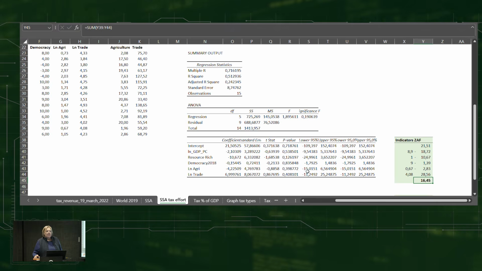So given Sub-Saharan Africa, the countries that we have chosen, given the coefficient or their buoyancy in total to these variables, and you apply for South Africa the indicators, then I would say our tax to GDP ratio is 16.45.